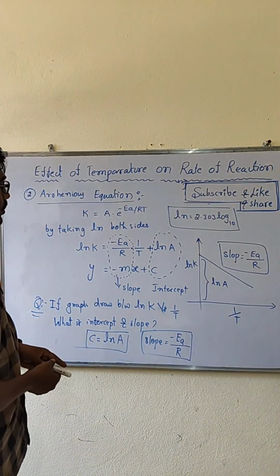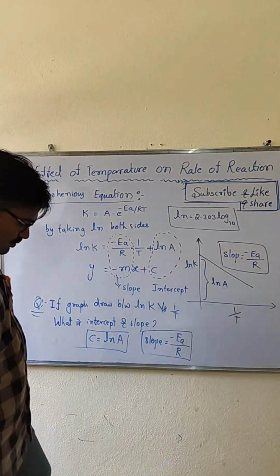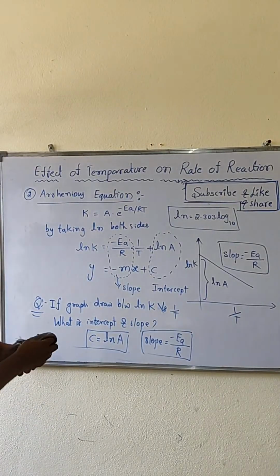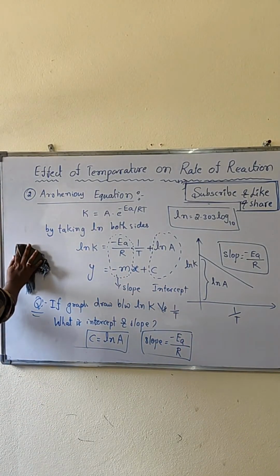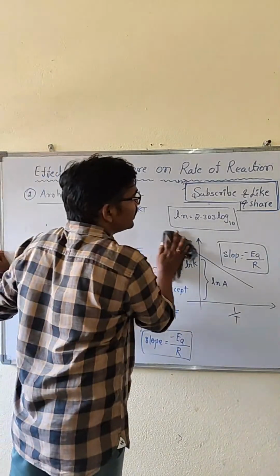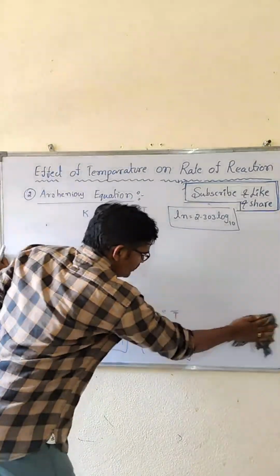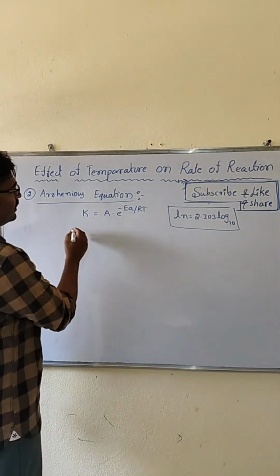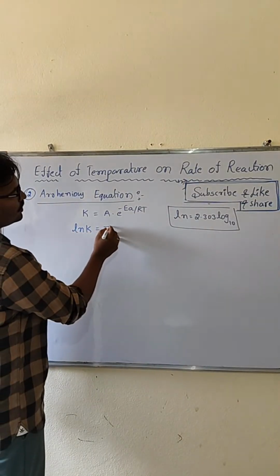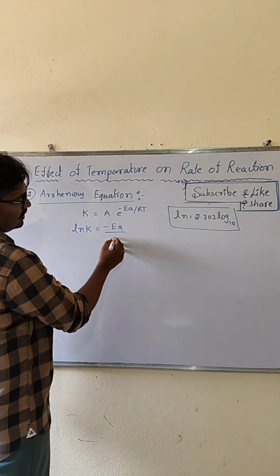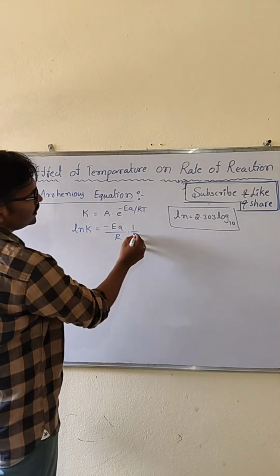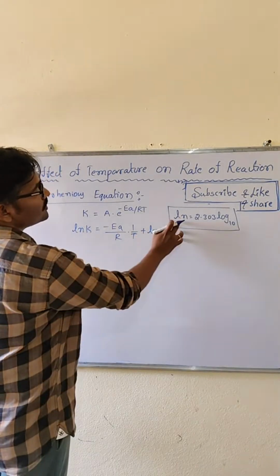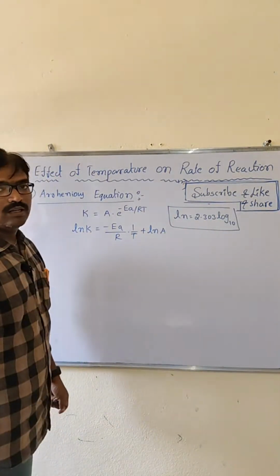Observe it carefully. Then one more equation I will explain, and later we'll discuss questions based on it. For the same Arrhenius equation, if you take logarithms, ln k equals minus Ea divided by R into 1 by T plus ln A. In the place of ln, we substitute 2.303 log base 10.